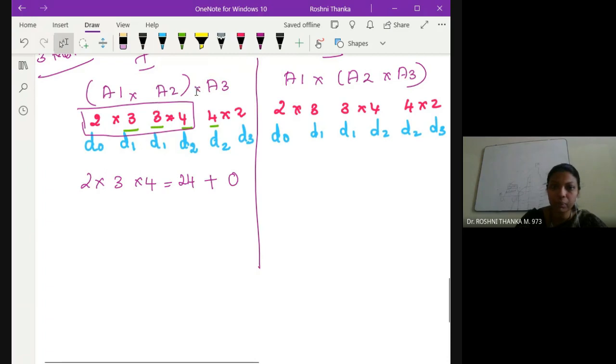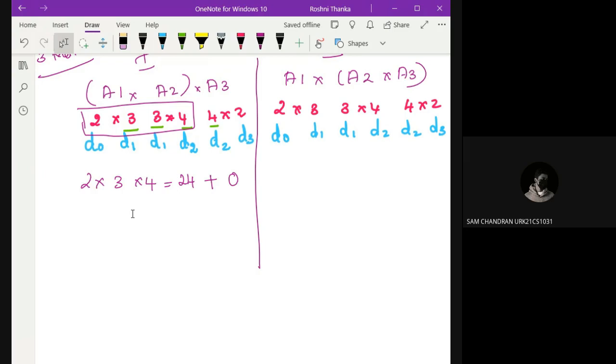Sam, can you tell me what is the size of resultant matrix? When I multiply A1 and A2, what is the size of resultant matrix? Sam Chandra? Sam? So absent. Sam is not there. Sam? Yes, ma'am.